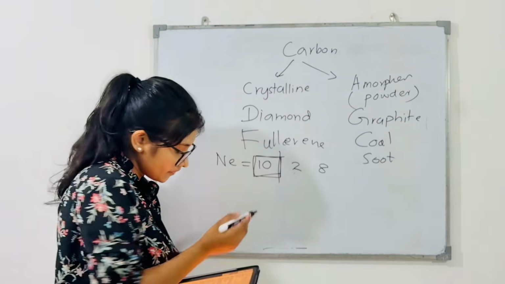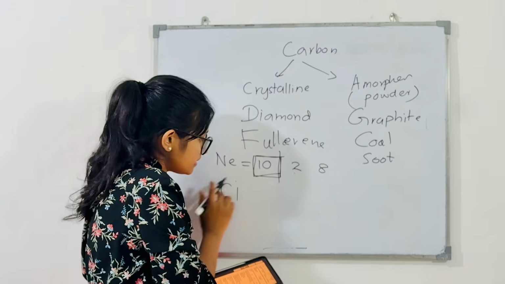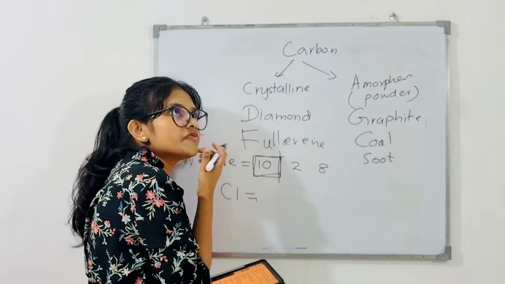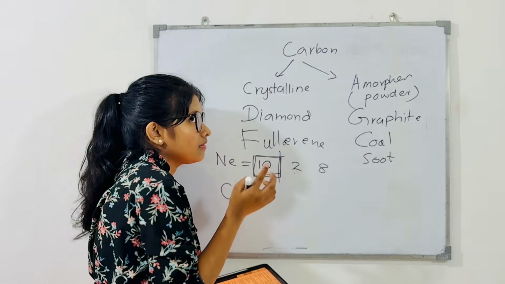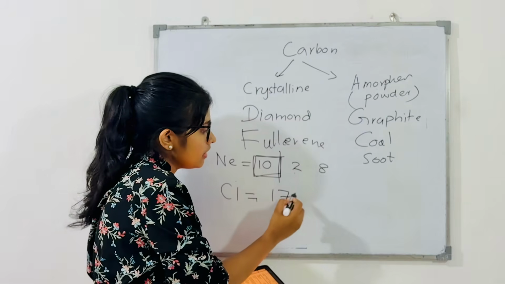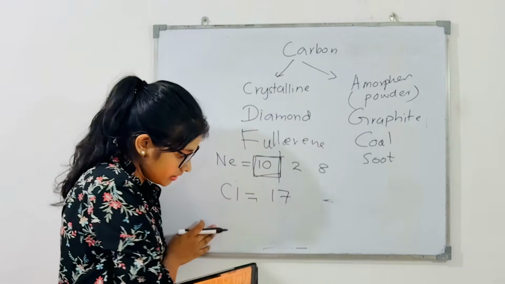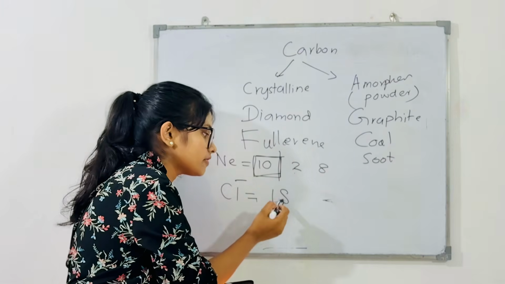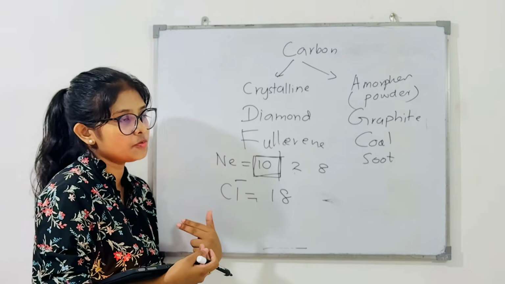Very easy. If you get Cl, what is the atomic number? The atomic number of Cl is 17, right? You don't need the electronic configuration actually. Cl minus means it has taken another electron. I have told you, to become negative, you have to attract negative people.